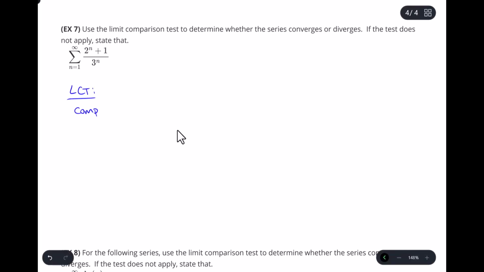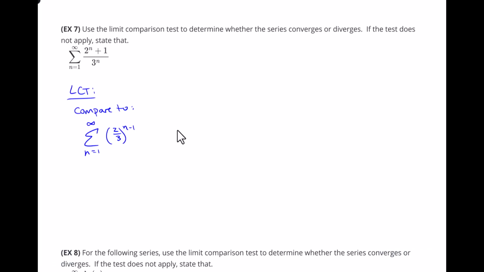You just want to pick what it looks closest to. So n equals 1 to infinity, and I'll compare this to 2/3 to the n. And again, this should be to the n minus 1, but I would also have to get this corrected to n minus 1. And the first few terms don't really matter.